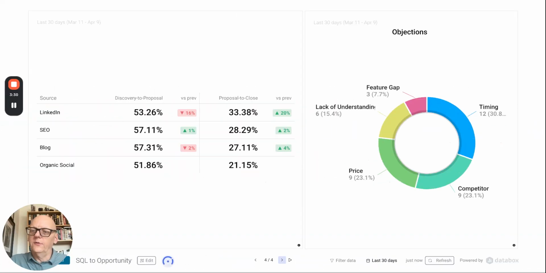Just doing a quick overview here. We're going to look at SQL to opportunity as stage 3, and that's where the sales conversion and proposal effectiveness is going to be measured. We're looking at the discovery to proposal rate, which is, are the discovery calls creating some urgency? We're going to look at the proposal to close rate, which is, is the written offer doing its job?